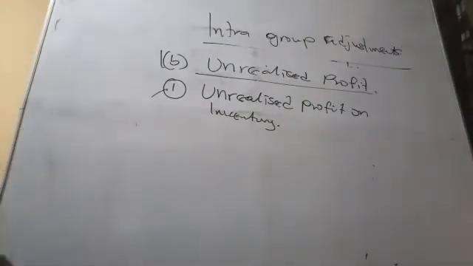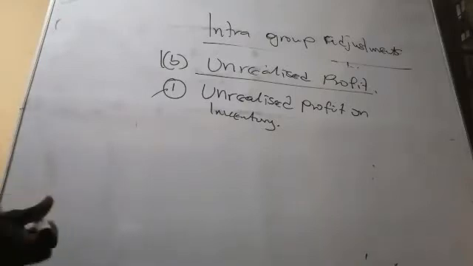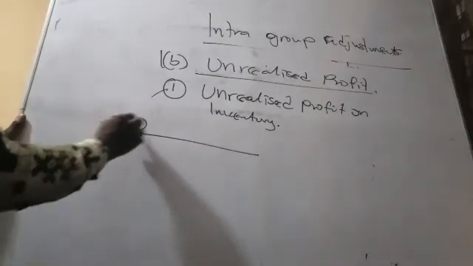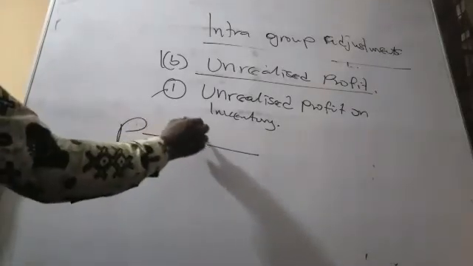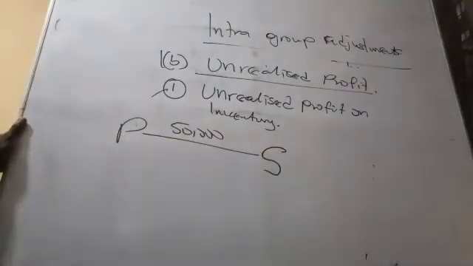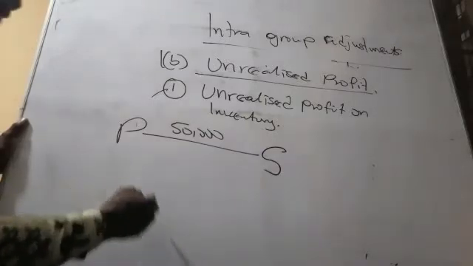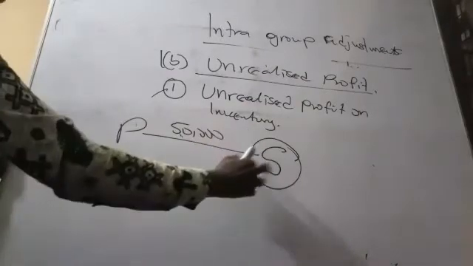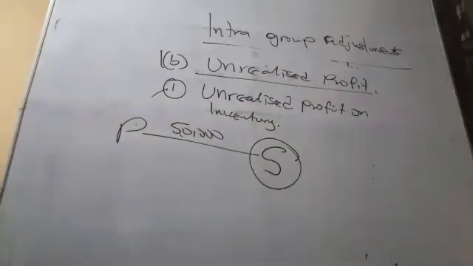So let's start with this one first. PUP, unrealized profit on inventory, goods in inventory. Here, let's assume that the parent has dispatched goods worth 50,000 Ghana cedis to the subsidiary. The question is, at the end of the reporting period, do you still have these goods in inventory, which will form part of the subsidiary's inventory?